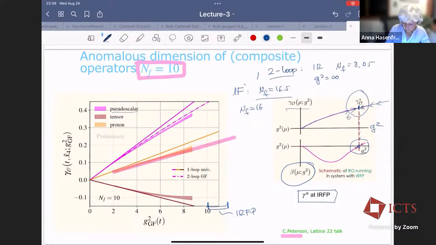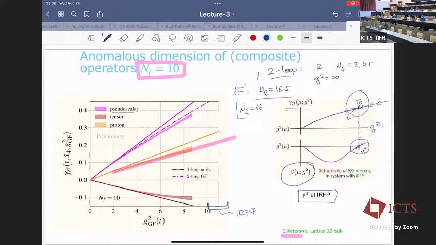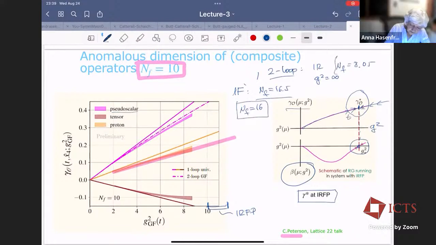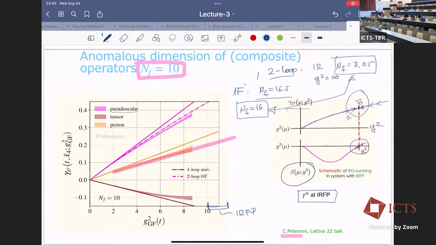Perturbation theory is trustworthy. So what we have is somewhere between 16 and 8. Probably there is an infrared fixed point. Where exactly it is is a non-perturbative, numerical question. So that analysis has not yet been done.